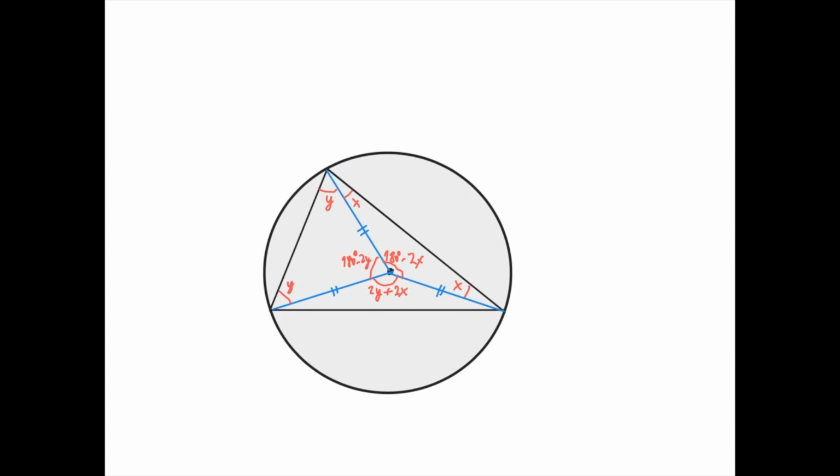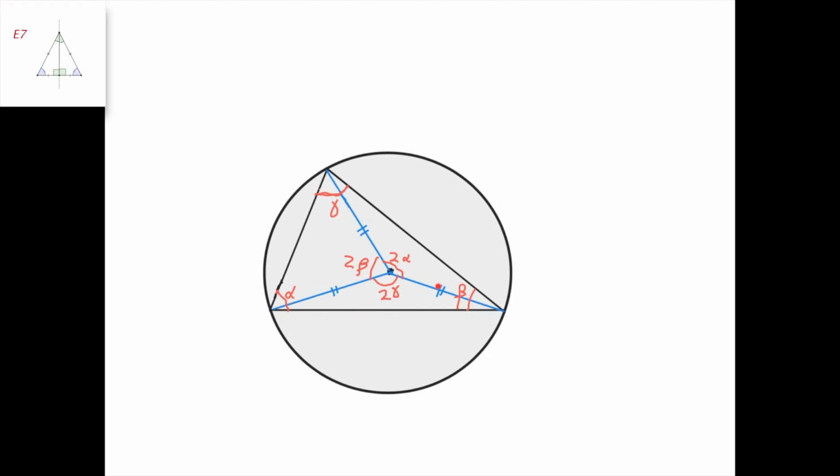So in conclusion, we found that if this angle here is y plus x, then this angle here with the center of the circle should be twice as much, 2y plus 2x. So we can write this as follows. If this angle, the whole angle, is gamma, then this angle here is 2 times gamma. And similarly, if we have alpha here, this is 2 times alpha, and if we have beta here, this is 2 times beta.